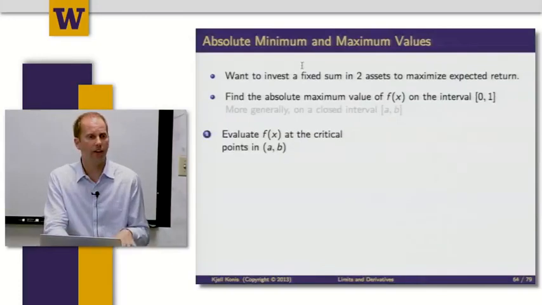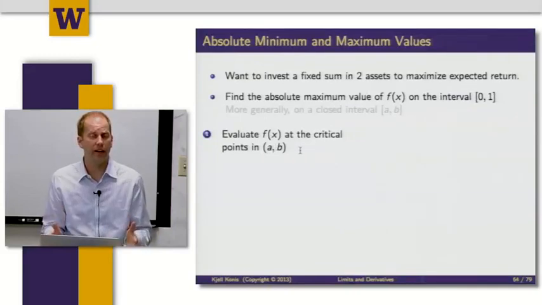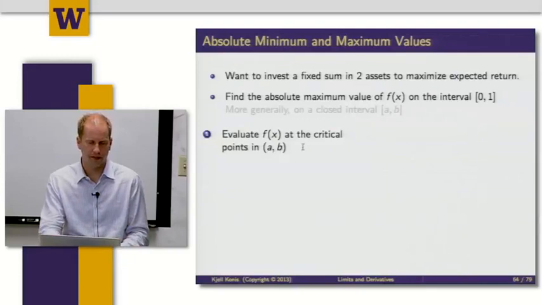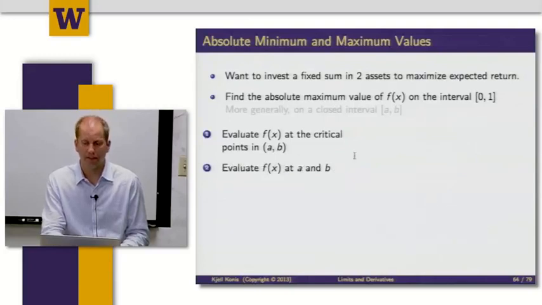So if I want to find all of the minimum and maximum values of this function on [0, 1], the approach I'm going to use is first find all of the critical points on the open interval (0, 1), and evaluate f of x there. I also need to evaluate f of x at a and b, the endpoints. So I need to evaluate f of 0 and f of 1.